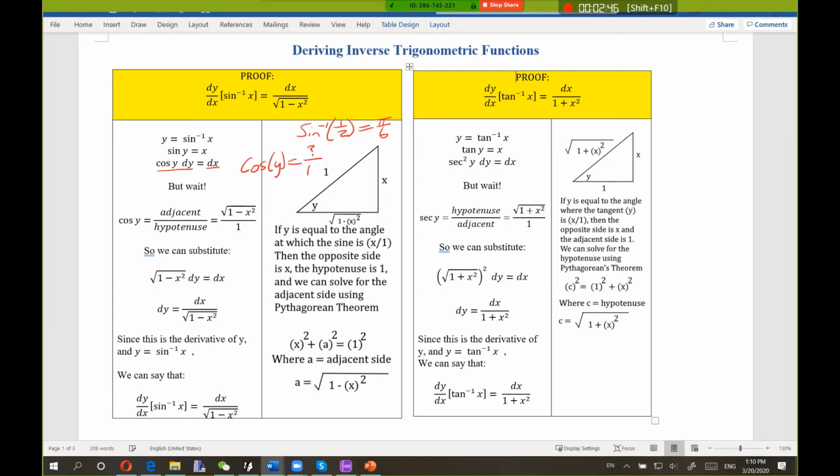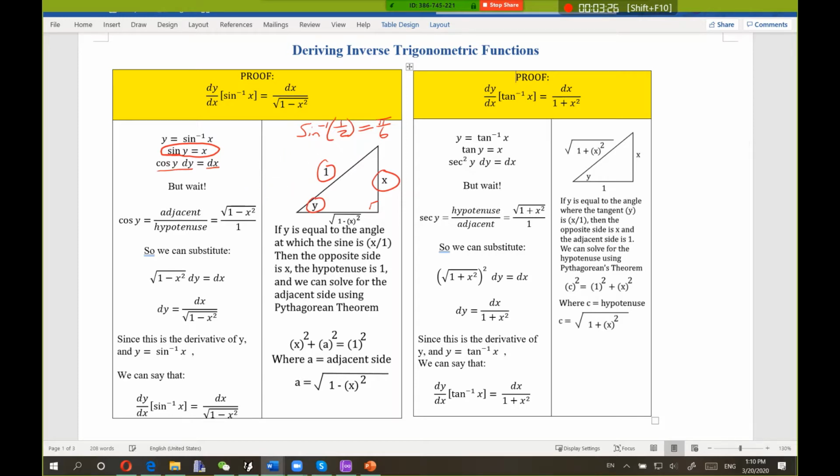So I've got my hypotenuse, which would be 1, and my adjacent side, which we don't know. If the sine of y is equal to x, then that means my opposite side must be x, and my hypotenuse must be 1 for a right triangle that has an angle of y.